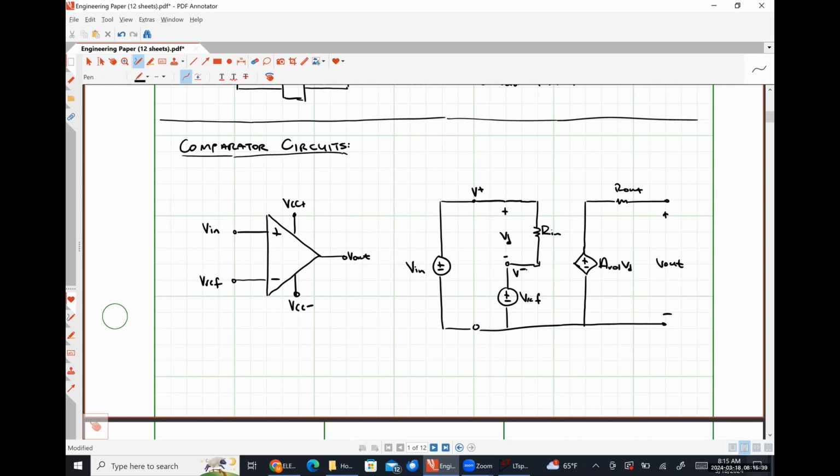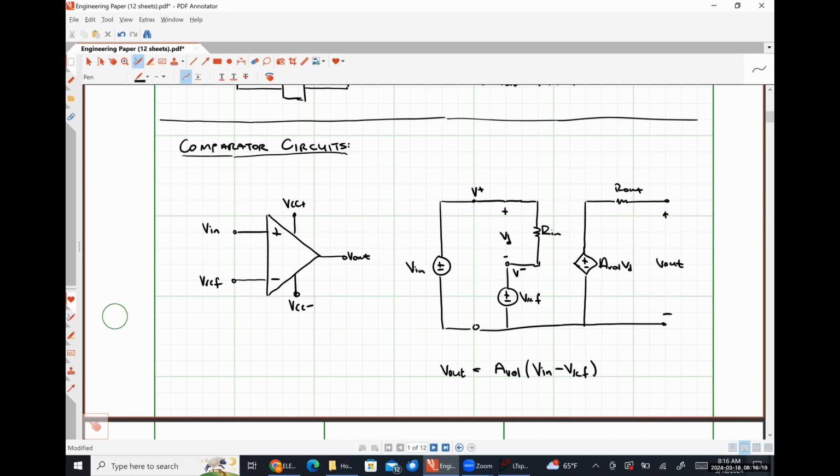So mathematically, the output voltage for this circuit is just going to be AVOL times our differential voltage, which in this case is simply Vn minus V reference. Now, technically speaking, we know that this is only true whenever Vn minus V reference as a quantity is within the linear range of the amplifier, okay?